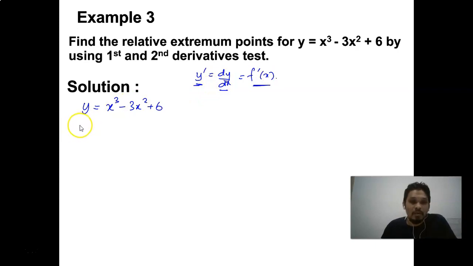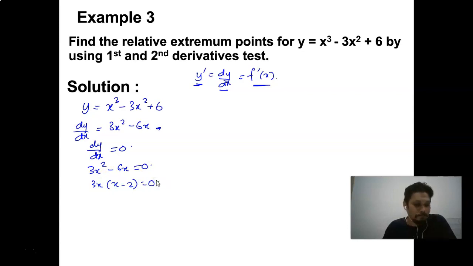So dy/dx equals 3x squared minus 6x. Factorize this and make it equal to 0. When dy/dx equals 0, 3x squared minus 6x equals 0, then 3x times (x minus 2).